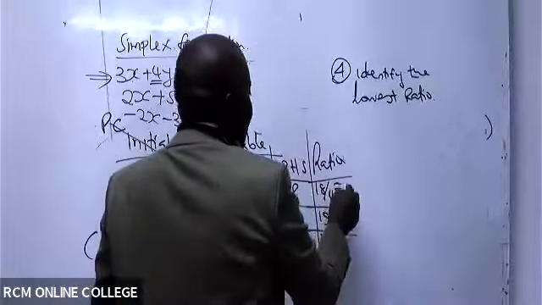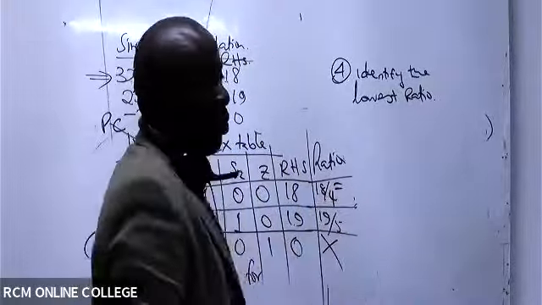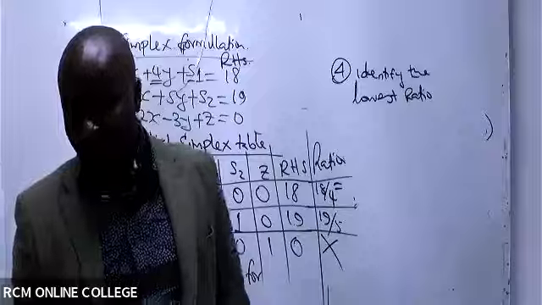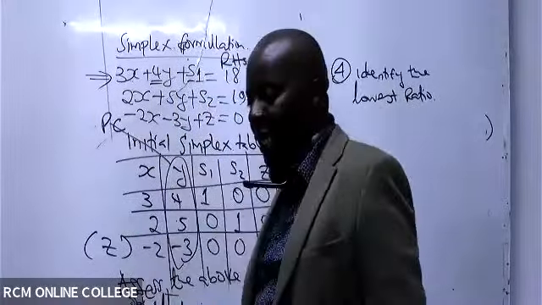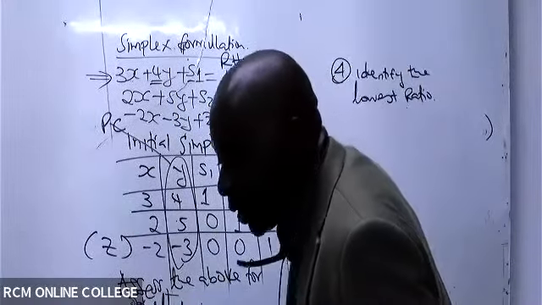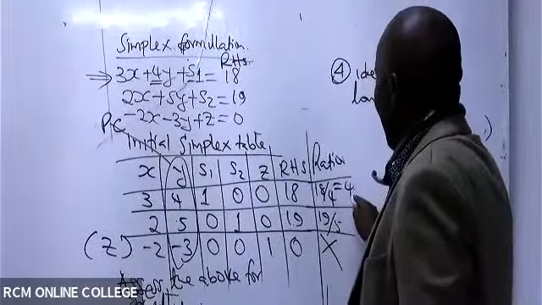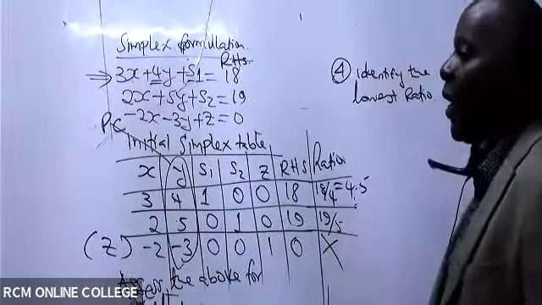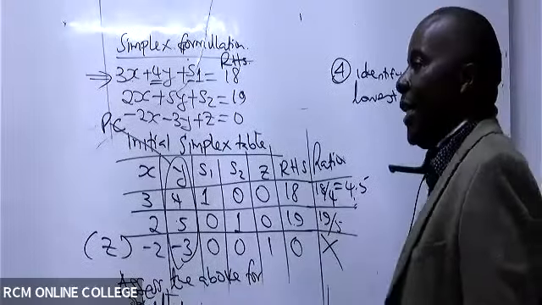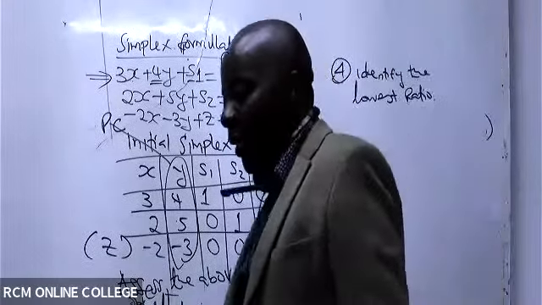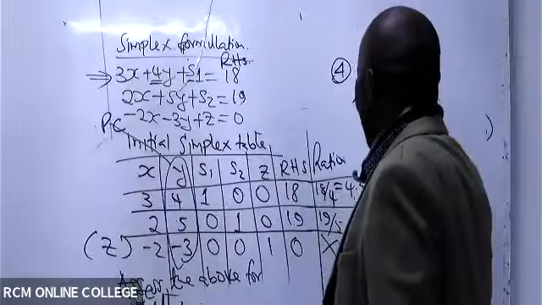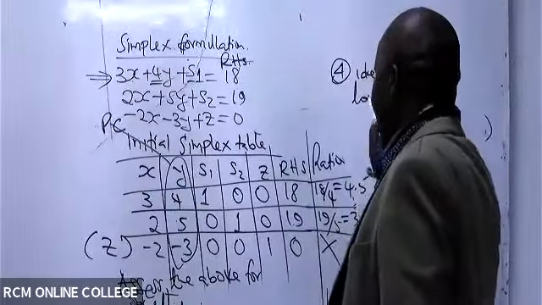So what is 18 divided by 4? So this is 4.5. How about 19 divided by 5? 3.8. 19 divided by 5 is 3.8.